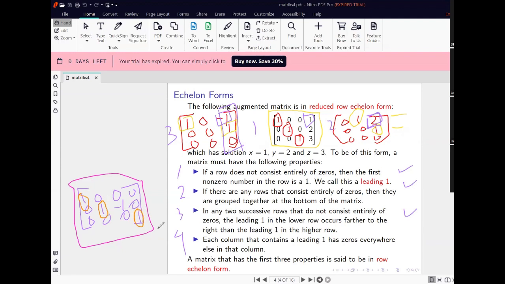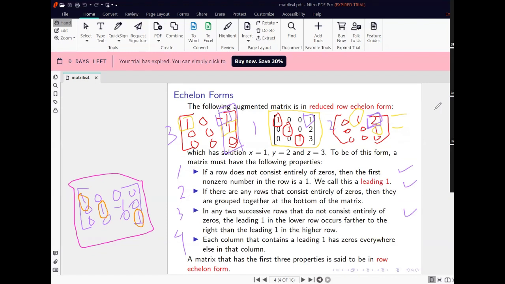Does every leading one occur further to the right than the leading one in the higher row? The leading one in the lower row occurs further to the right than the leading one in the higher row. Is it correct or not, guys? Yes, it's correct. Thank you, Laila.